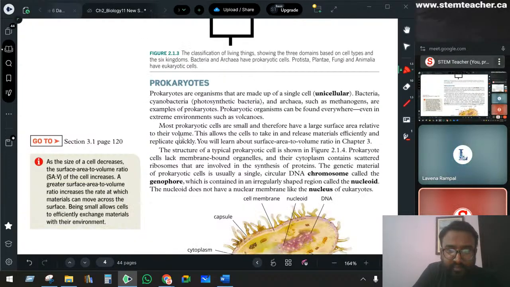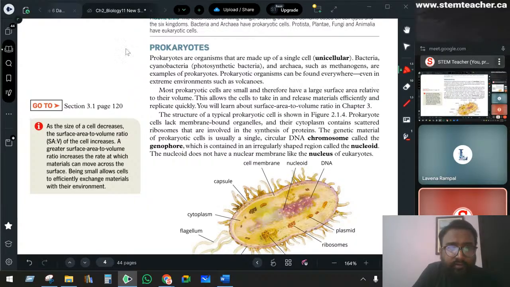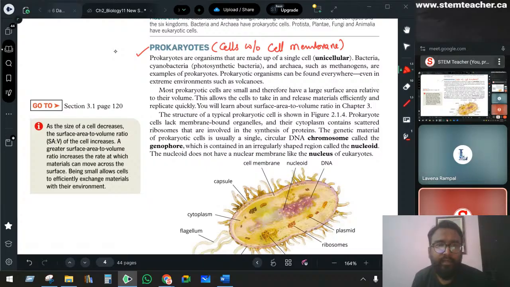And prokaryotics are cells without a cell membrane. Prokaryotes are organisms that are made up of a single cell: unicellular bacteria, cyanobacteria, photosynthetic bacteria, and archaea such as methanogens are examples of prokaryotes.